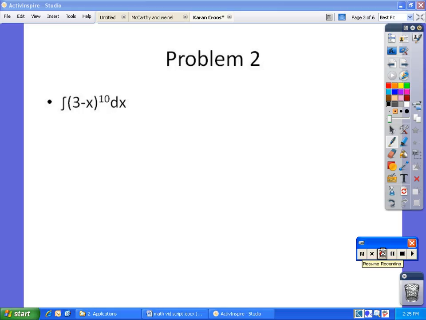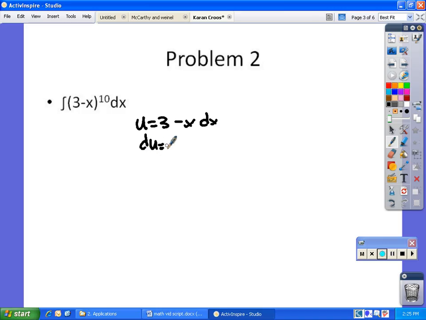So moving right along, now you have the integral of (3 − x)¹⁰. First you make u = 3 − x. Then you get du = −1 dx. Then you get −1 du = dx.